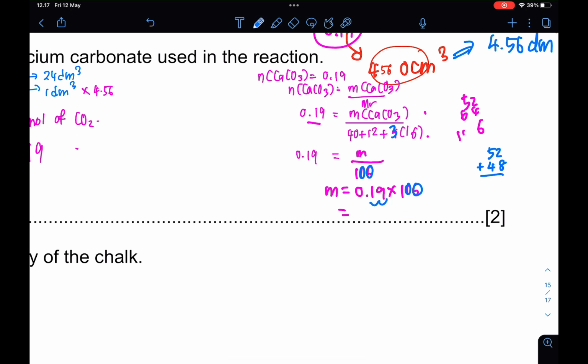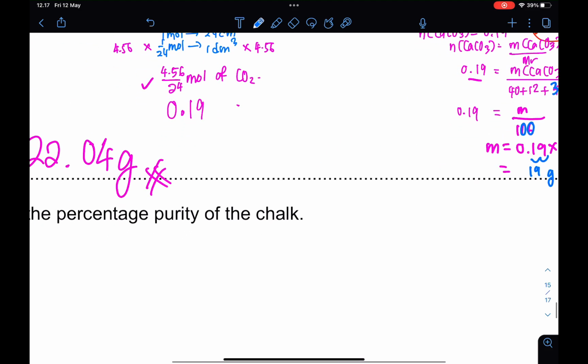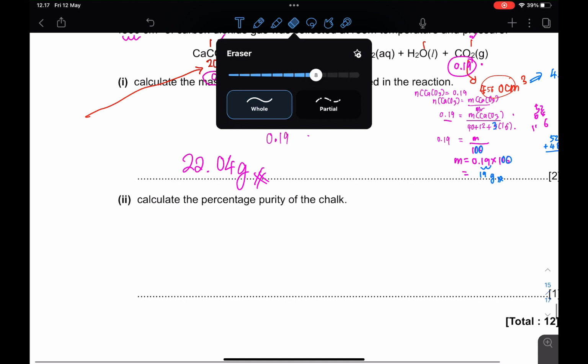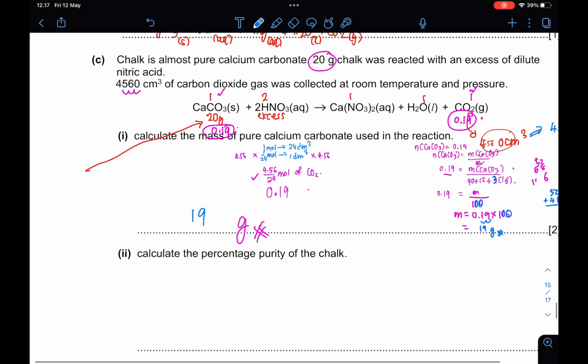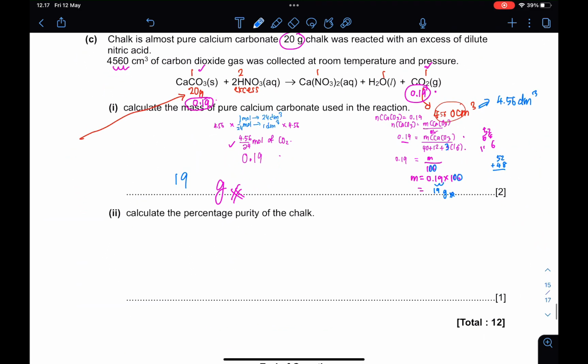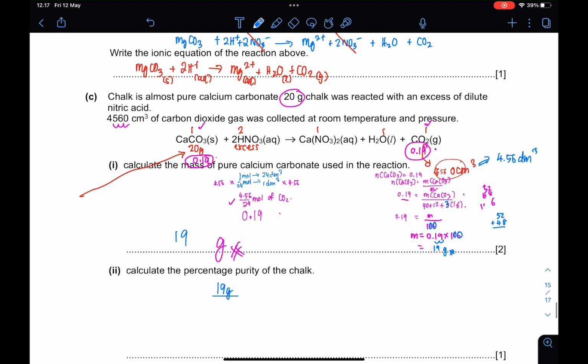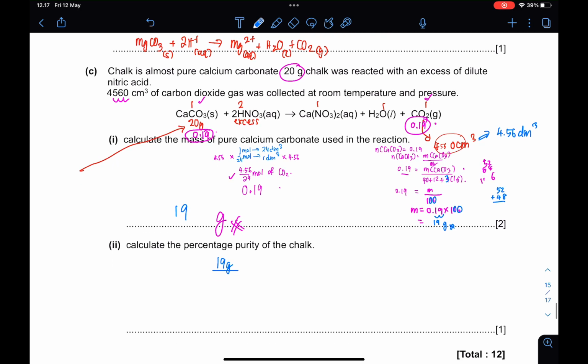So this one is the mistake, 100. So times 100, I will get 19 gram. So once we have 19 grams, we want to find the percentage of purity.